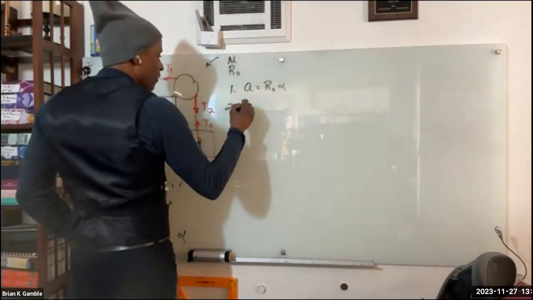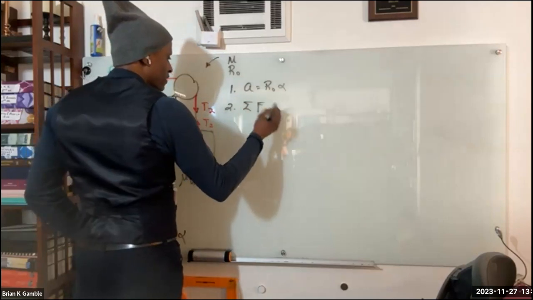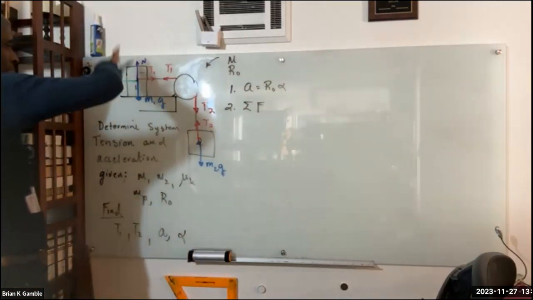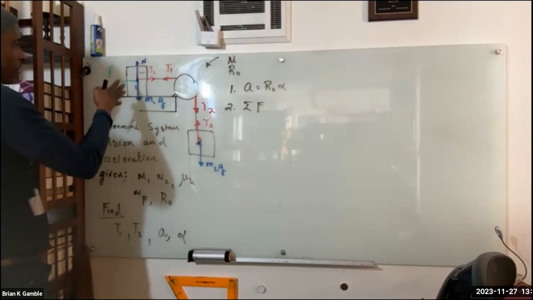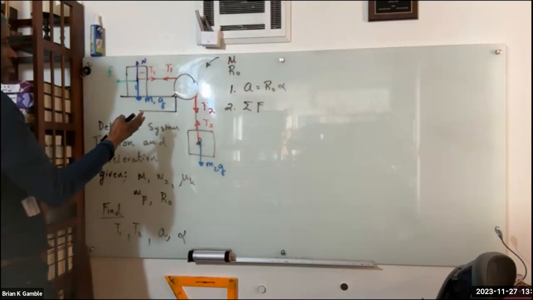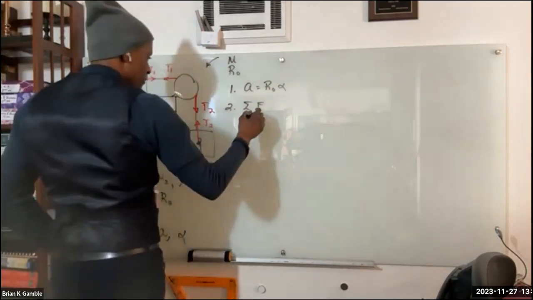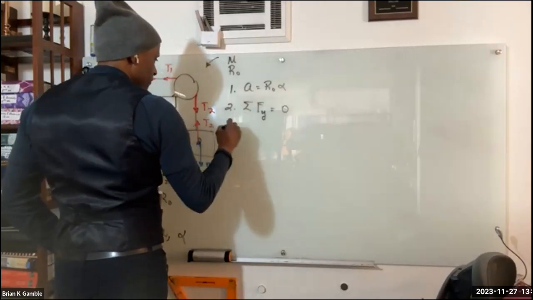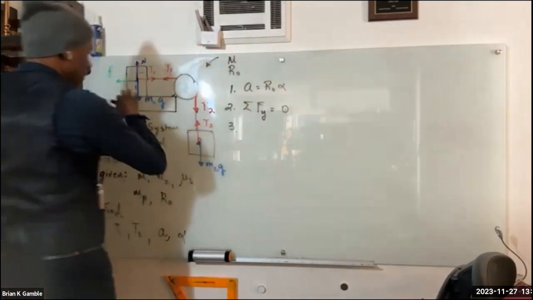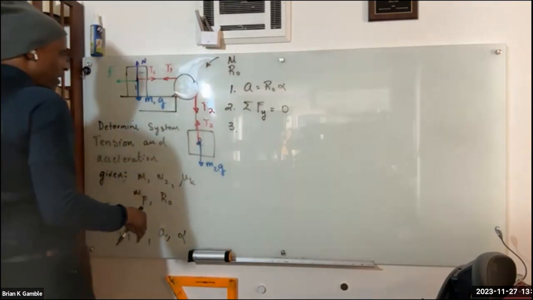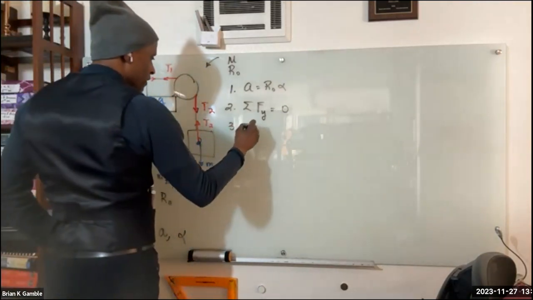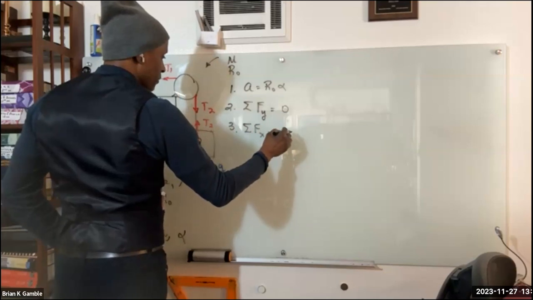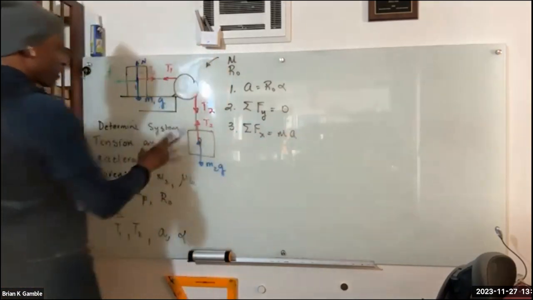Newton's law for the X direction is the net force. Well, in the Y direction here, there's no acceleration, so it's the first law. So Newton's law in the Y direction is equal to 0. In the X direction, we have the net force equals mass times acceleration in general. We have to apply that to each block.